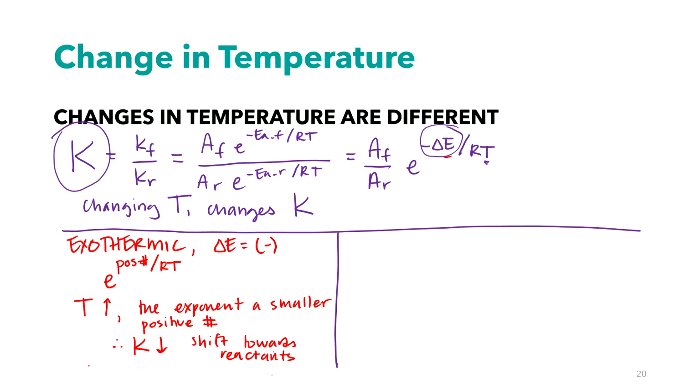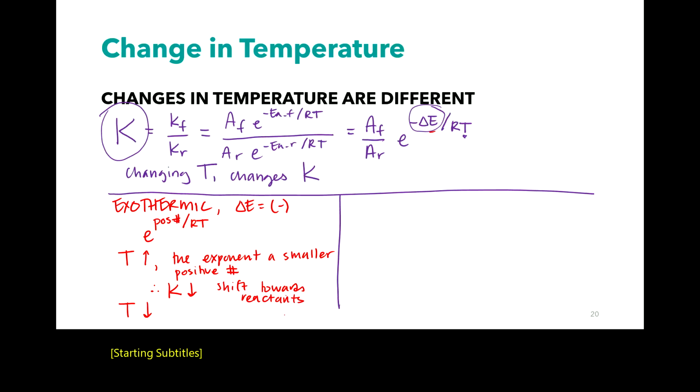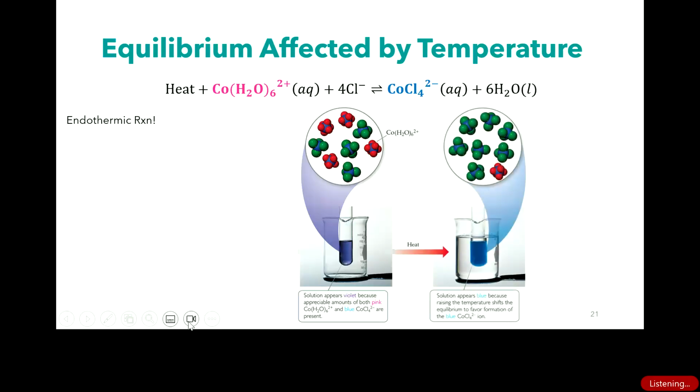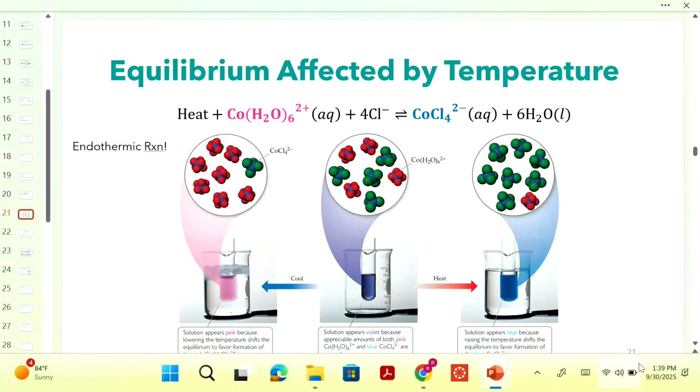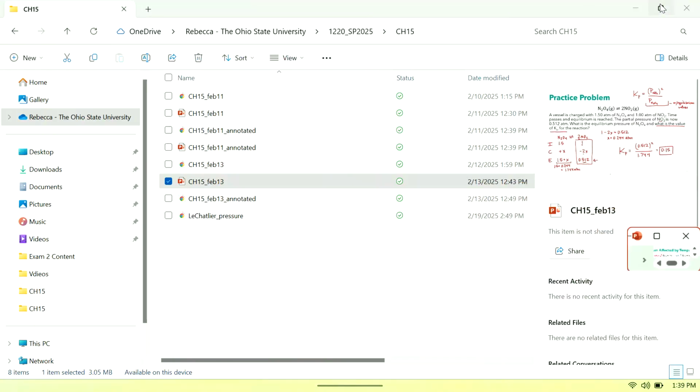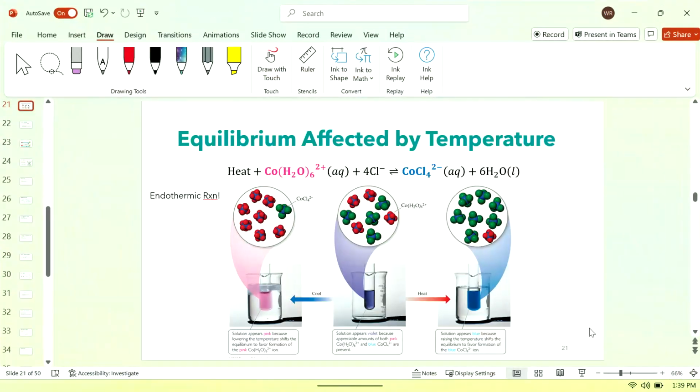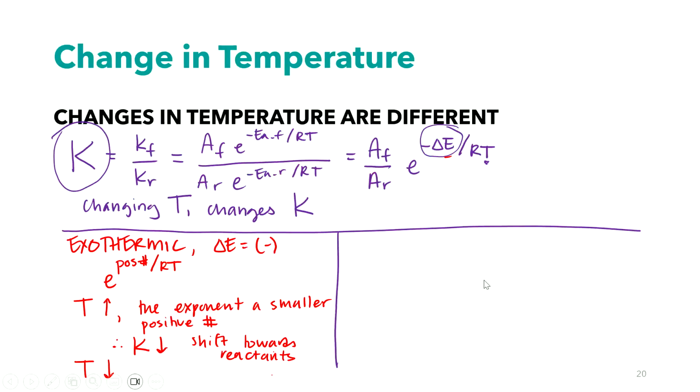So when I lower the temperature on an exothermic reaction, that would lead to an increase in K, a shift towards our products. So for an exothermic reaction, if I want to favor products, I should lower the temperature.